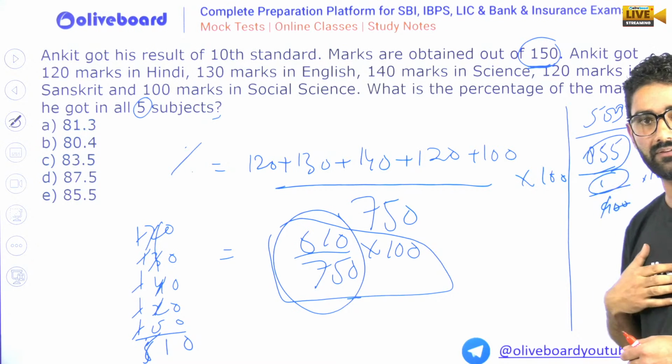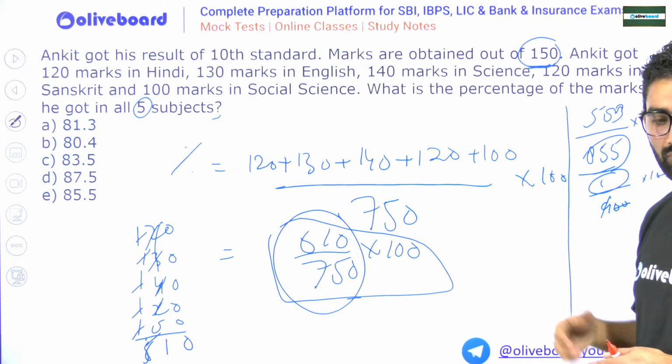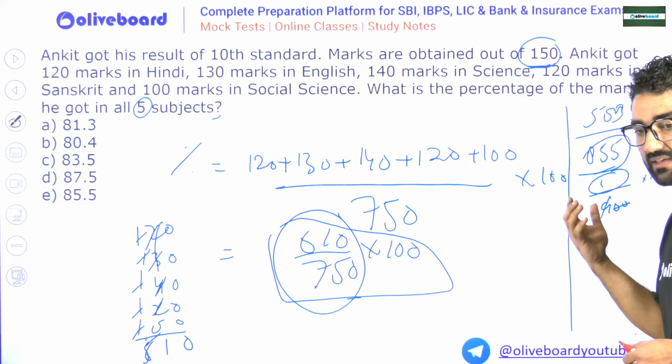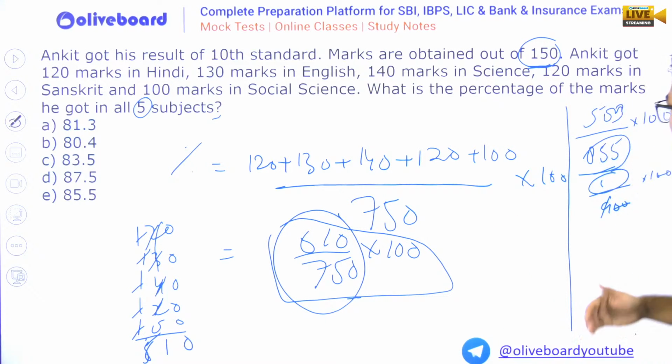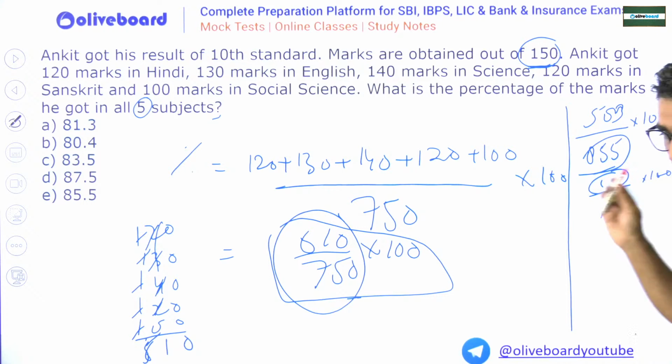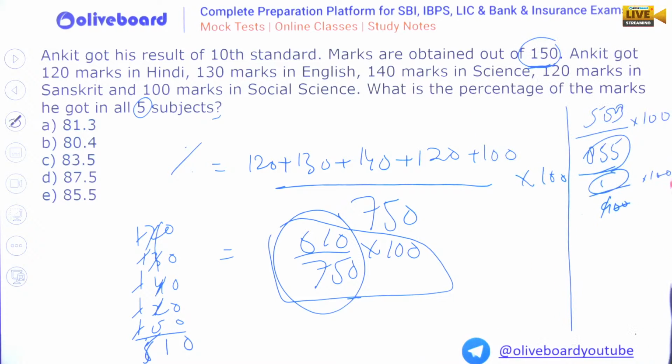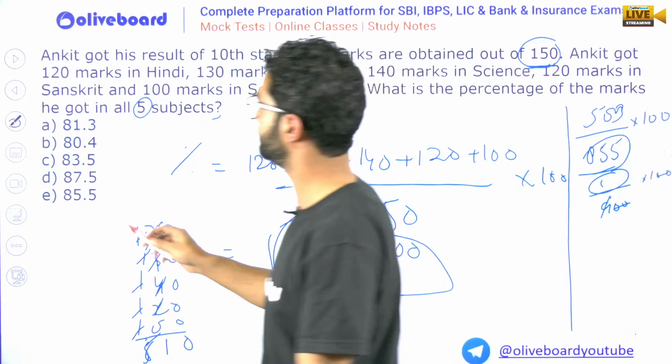Then it will be quite easy to calculate the percentage. So this is one of the best ways if you are not able to find how to calculate the percentage from this fraction. Okay, give me 1 second.